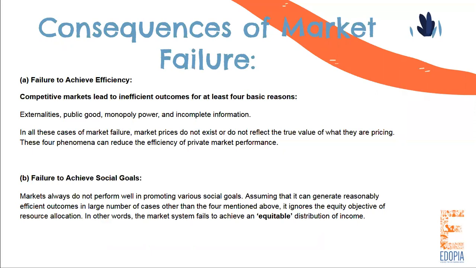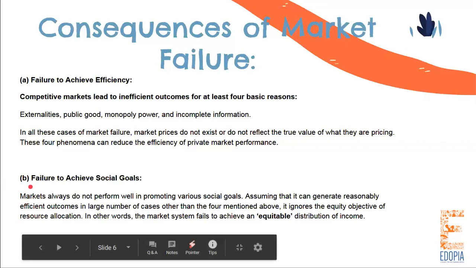Because free market forces do not consider providing a good that is non-rival and non-excludable in nature, and as they tend to maximize their profit, they can also become a monopoly power, and they do not aim to provide complete information to the consumers or producers. In all these cases of market failure, market prices do not exist or do not reflect the true value of what they are priced. These four phenomena can reduce the efficiency of private market performance.